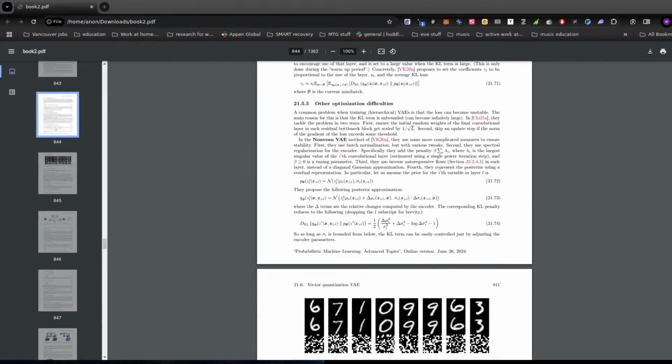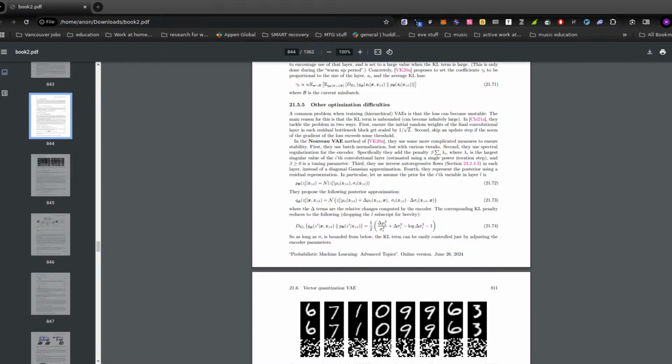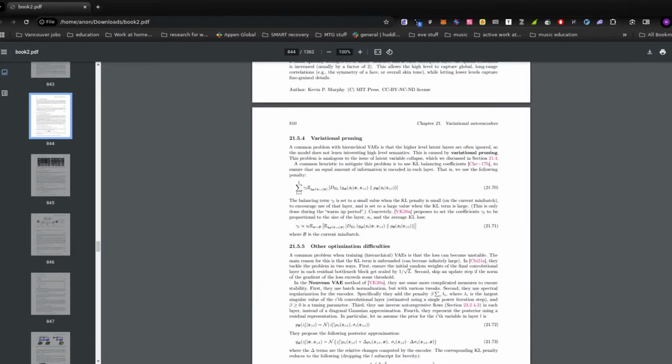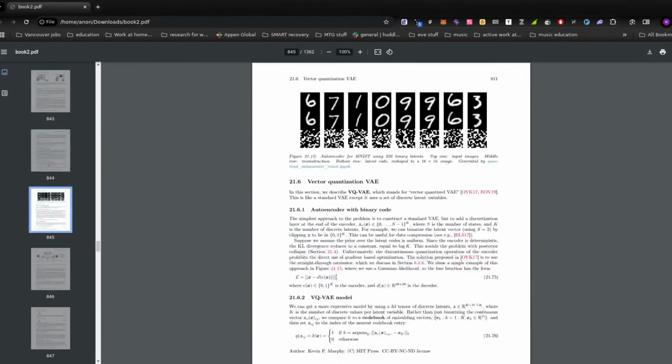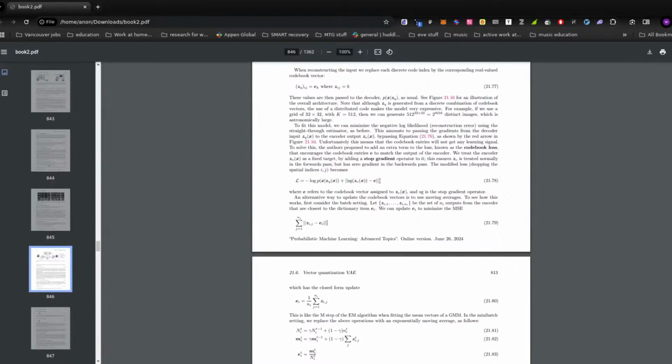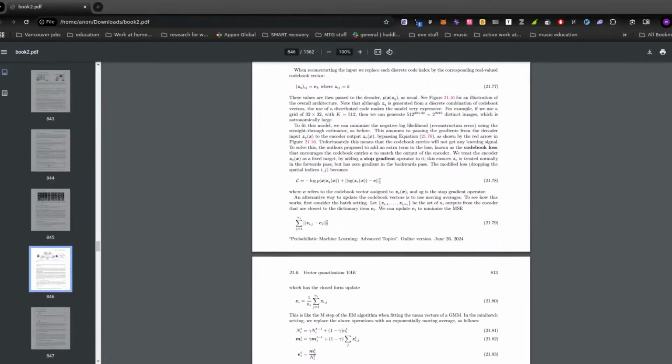Page 850? 845. Or at the beginning of chapter 24. Oh, okay. Cool. Perfect. I got the book now. Yeah. But let me screenshot that equation also and put it in. Sorry, are we on book 1 or book 2? Oh, book 2, advanced topics.